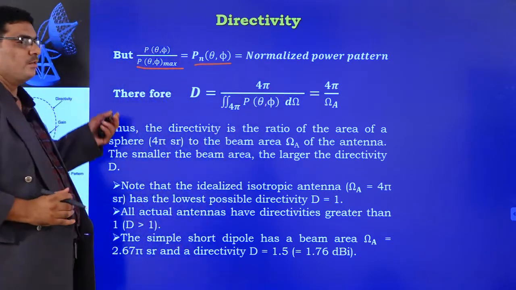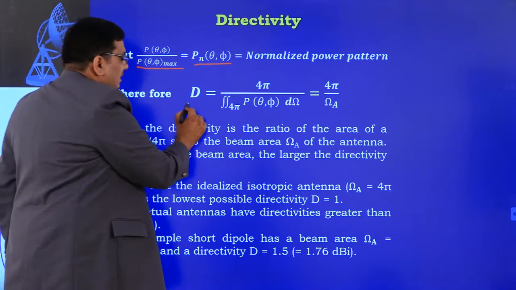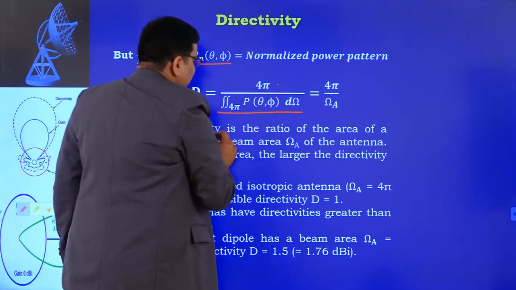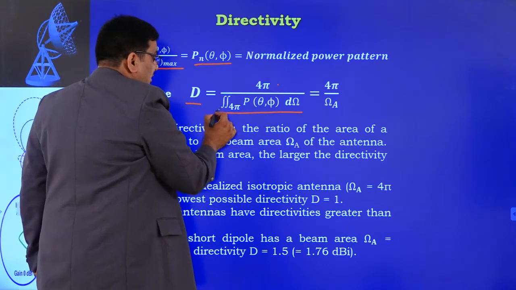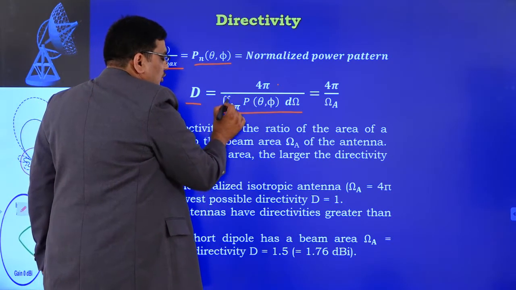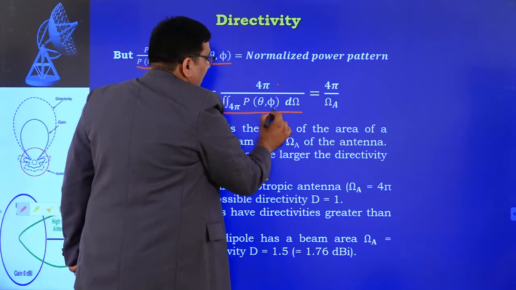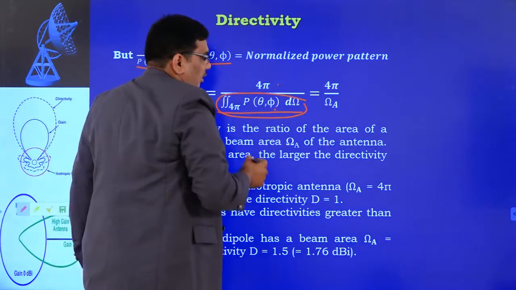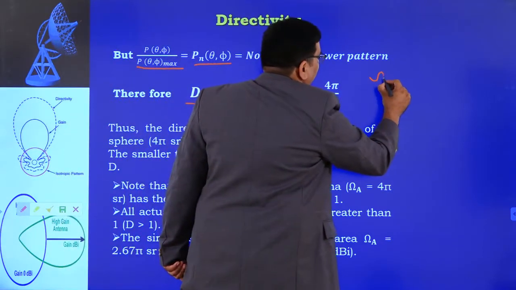So from this we can say that directivity is equal to 4 pi by the integration of phi equal to 0 to 2 pi, and theta equal to 0 to pi, P of theta comma phi into d omega. So we know from the definition of beam area.